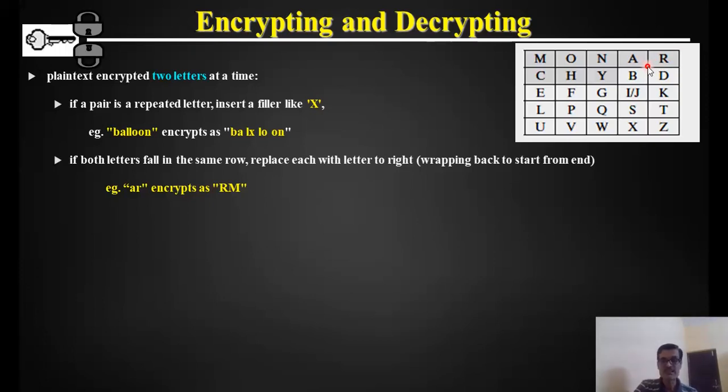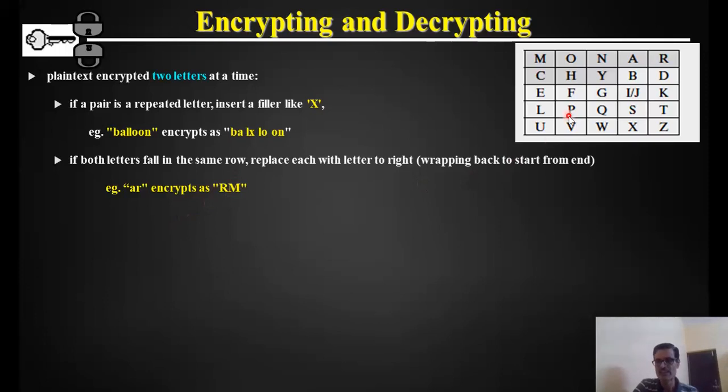How to encrypt it? You have to replace each letter with the one to the right of it. Let me say I have A here. In the encrypted version, replace A by R, and R, wrapping back to the first alphabet, by M. So AR is replaced by RM.